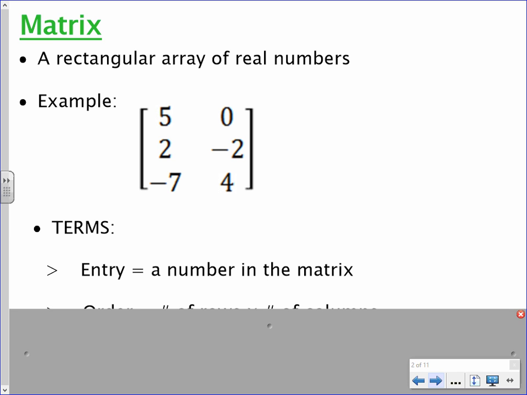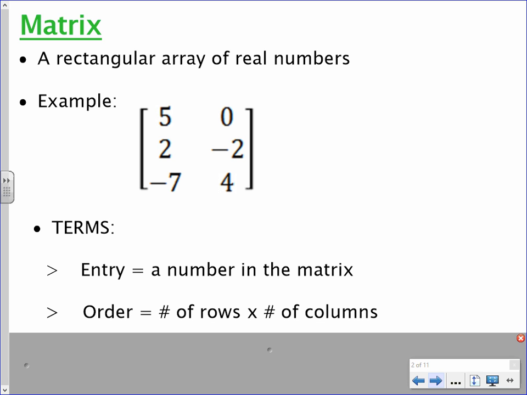And we describe the order of our matrix as the number of rows by the number of columns. 5, 0, 2, -2, -7, 4, those are all entries of our matrix.